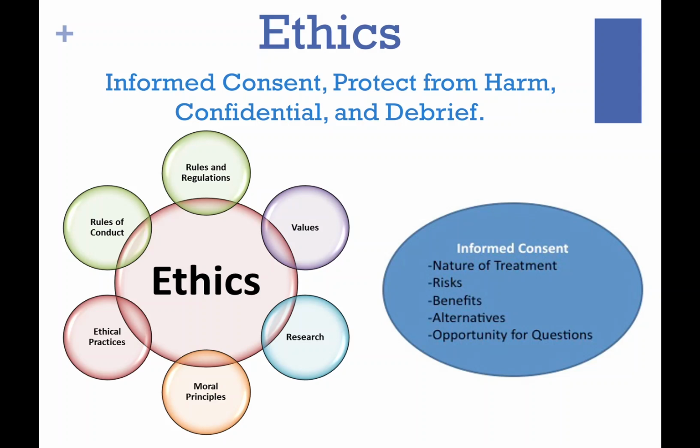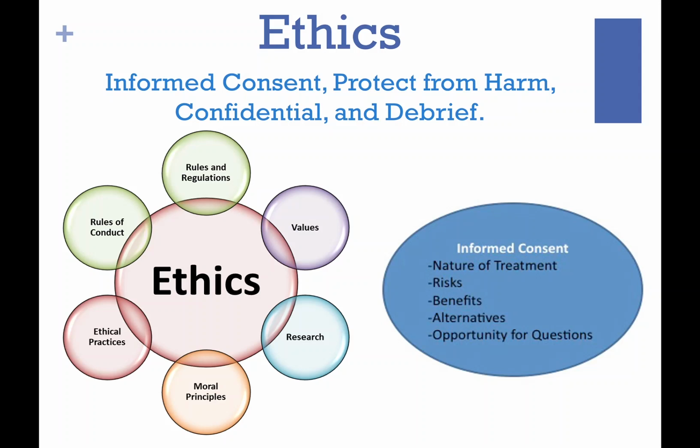A lot of the times on the AP exam, they're going to ask you to not only identify the ethical flaw, but they're going to ask you to suggest ways to fix the ethical flaw. That's where you're going to have to be smart and look at how it's phrased in the FRQ. It'll say something like the results of the study were published with Tim's name in the newspaper, and you'll have to know, well, that's an ethical violation because it violates Tim's confidentiality.